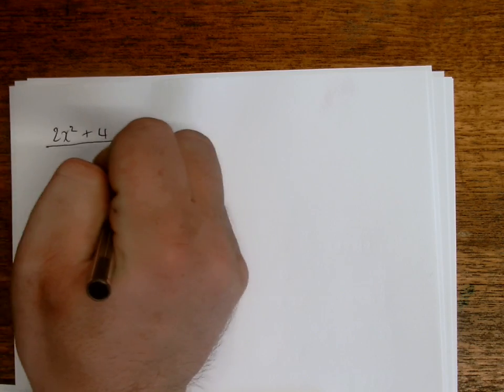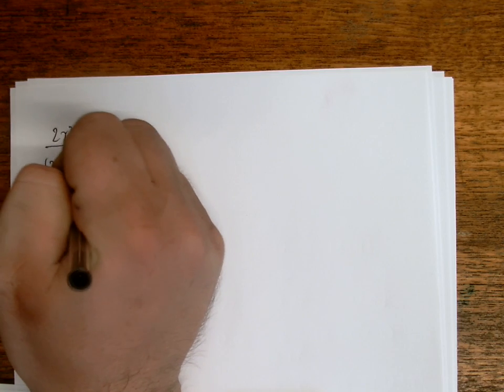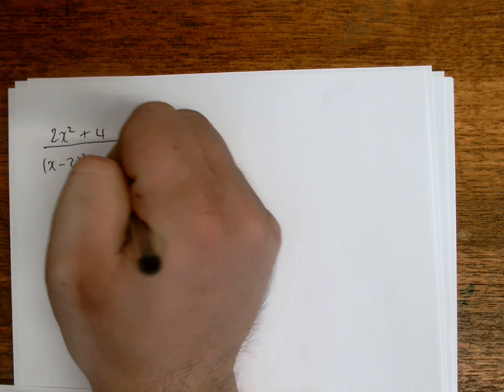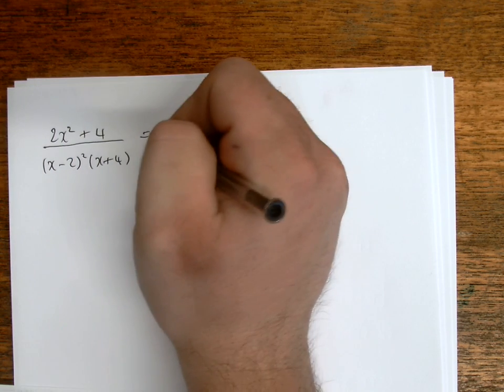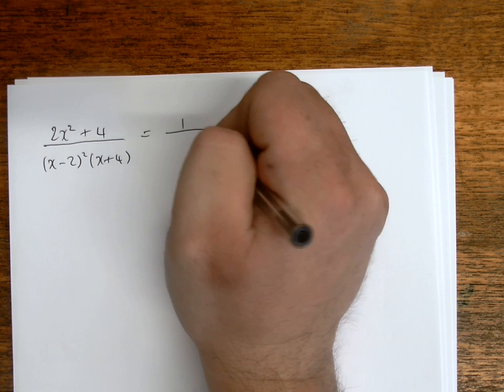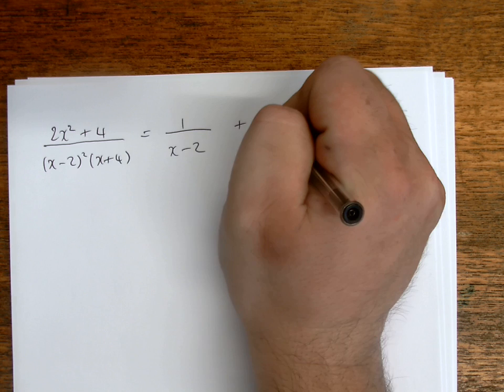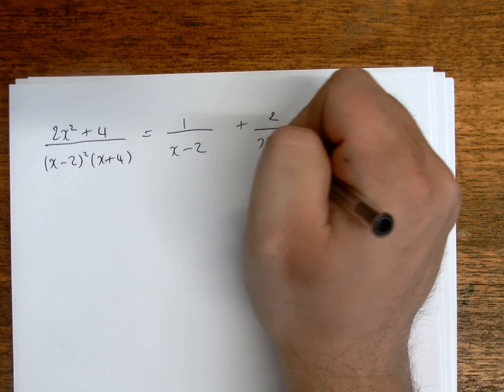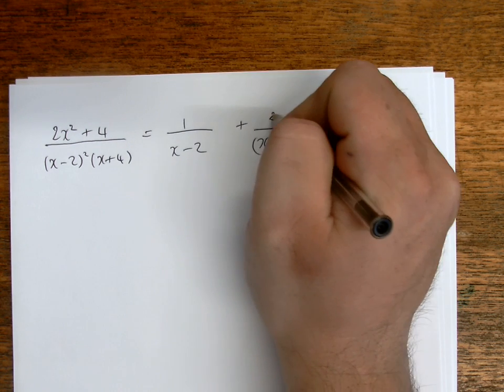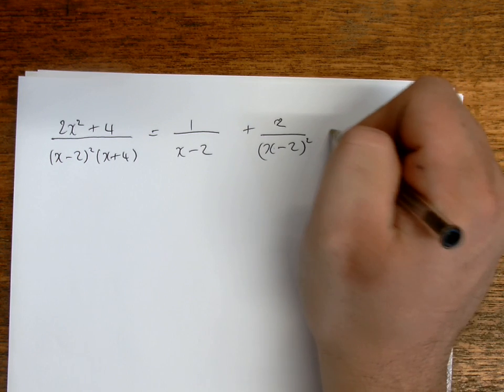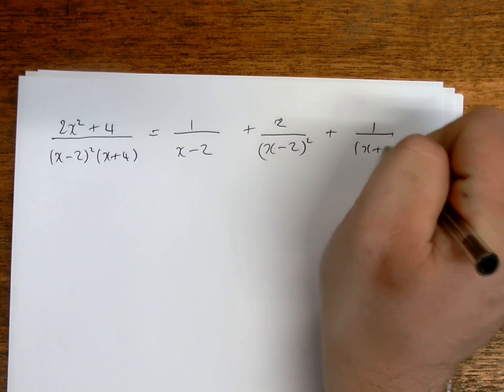So we've got 2x squared plus 4, over x minus 2 all squared, x plus 4, equals a, which is 1, over x minus 2, plus b, which was 2, over x minus 2 all squared, and then c, which was 1, over x plus 4.